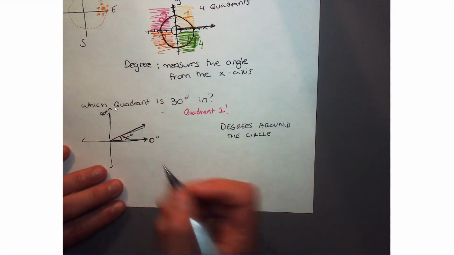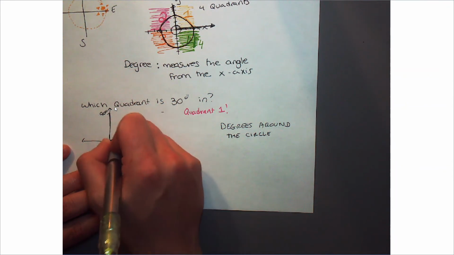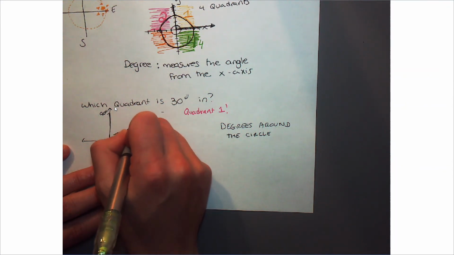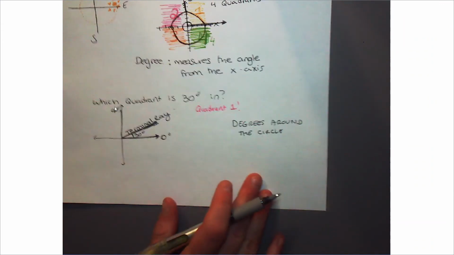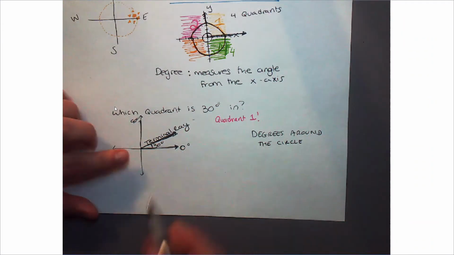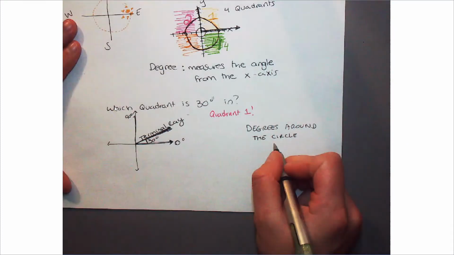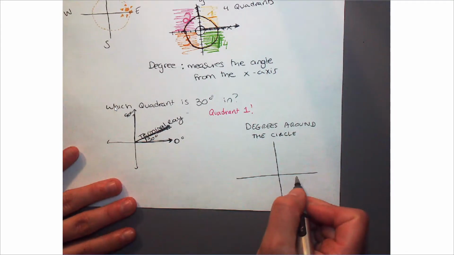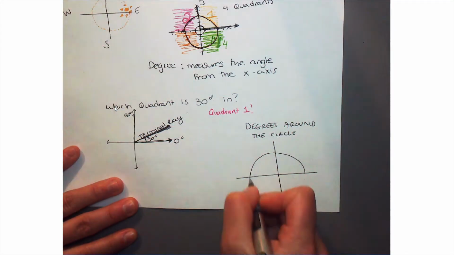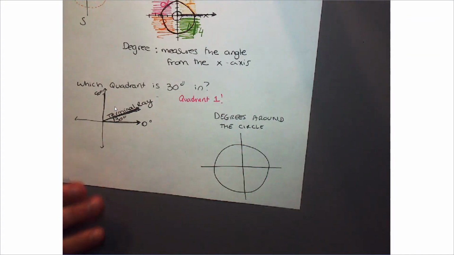And just to give you a little bit of terminology, this line right here is called the terminal ray of an angle. When we talk about an angle and we draw the angle, we're asking you to actually draw the terminal ray right there. So let's go ahead and label the degrees around a circle. That was pretty good, not that bad.